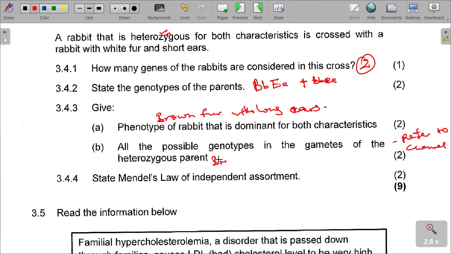So the gametes can be the dominant one, BE. We can also have Be. We can as well have the recessive bE, and also a gamete that is be, which is recessive for both.